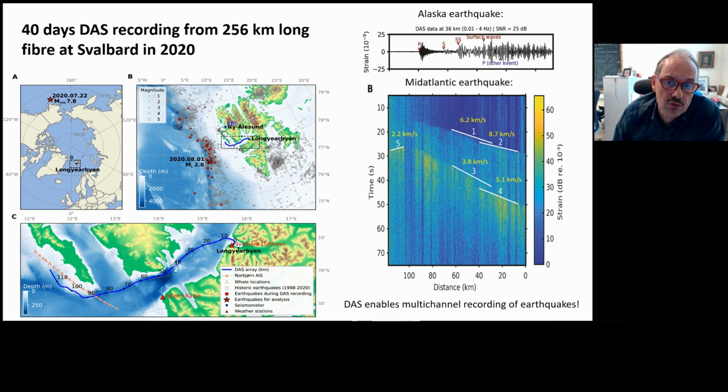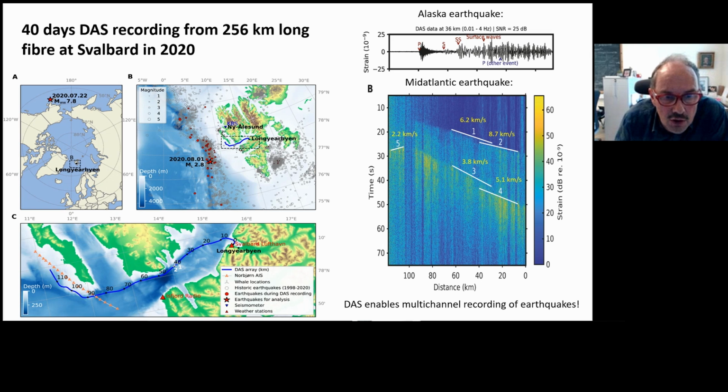I will focus on some examples from Earth, or actually from subsea. Almost 2 years ago, we recorded for 40 days DAS data on a fiber that connects 2 small cities on Spitsbergen, Ny-Ålesund, that you see up here, to Longyearbyen. We recorded a distance of 120 kilometers of this fiber.